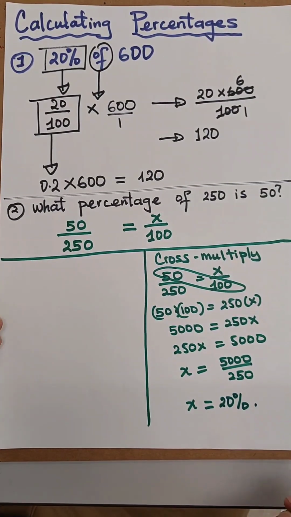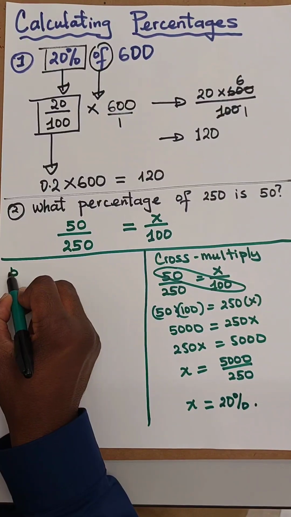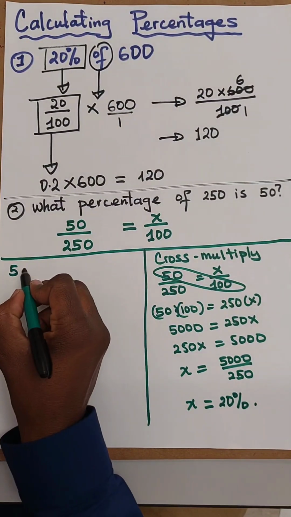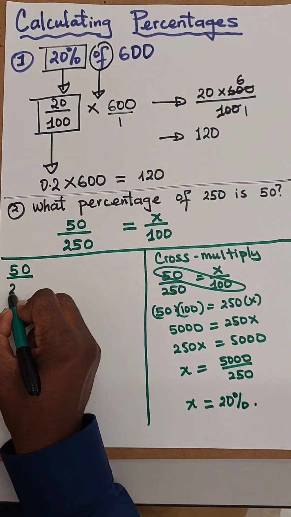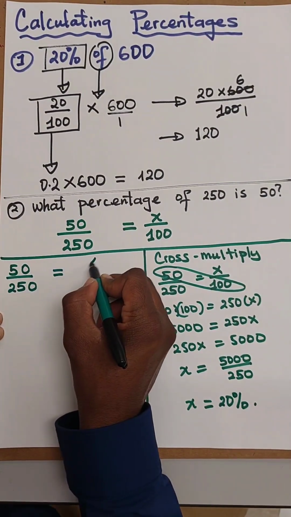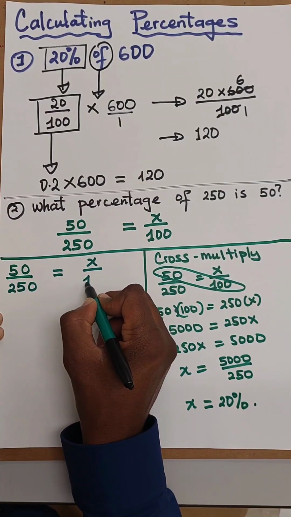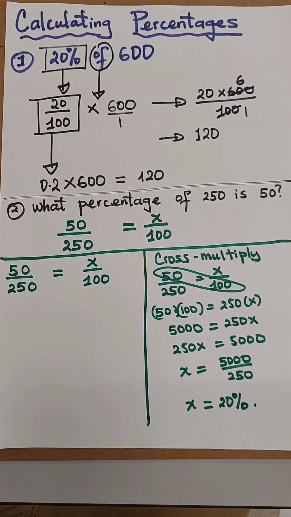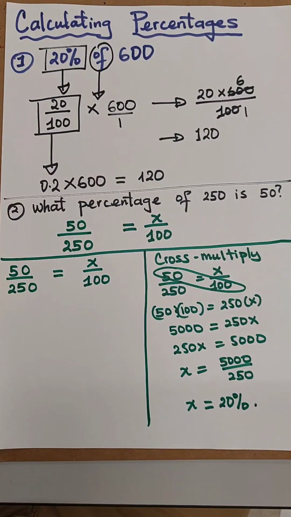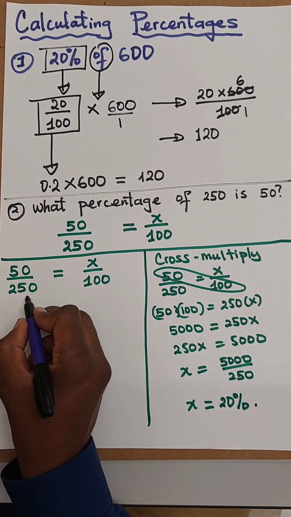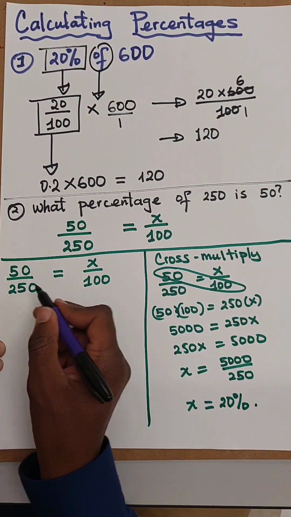Okay. Another way, if you are not cross multiplying, you can get a common denominator on each side. Okay, remember, we can simplify this fraction of 50 over 250 by dividing by 50, right?